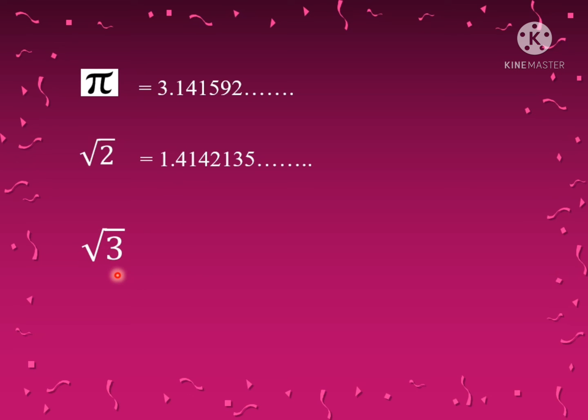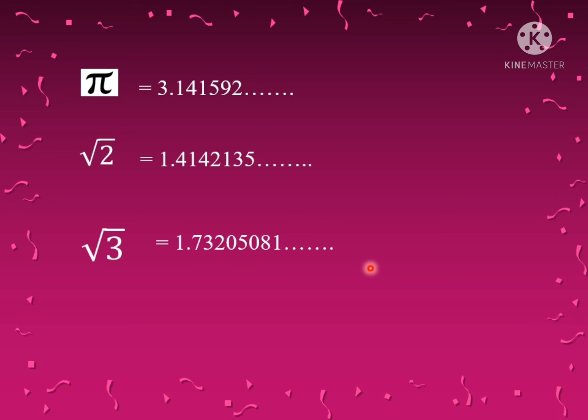One more prime number we have is root 3, which is equal to 1.73205081 and so on. In all these three cases, what have you seen? After the decimal, the digits do not end. It continues, and the digits are not repeating either.